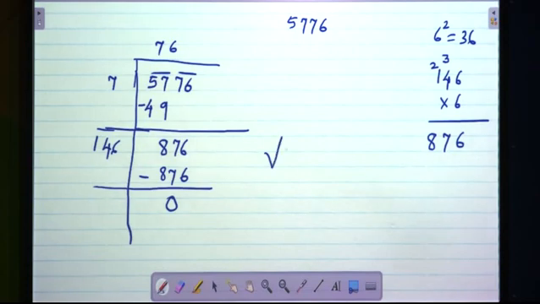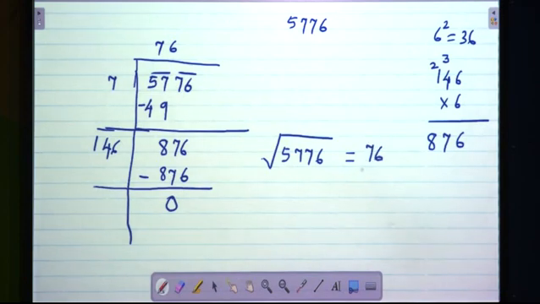Therefore, my answer is the square root of, oh, I wrote it wrong, the square root of 5776 is equal to, what is my quotient? 76.